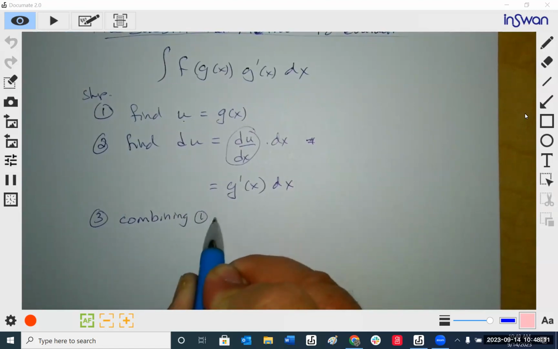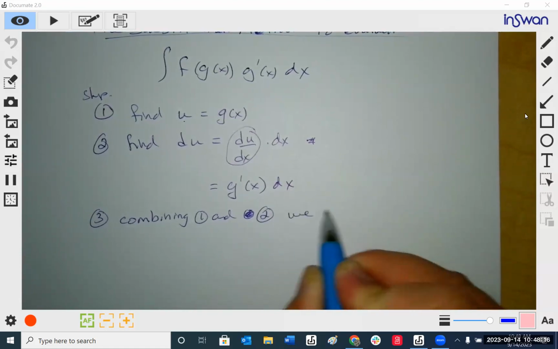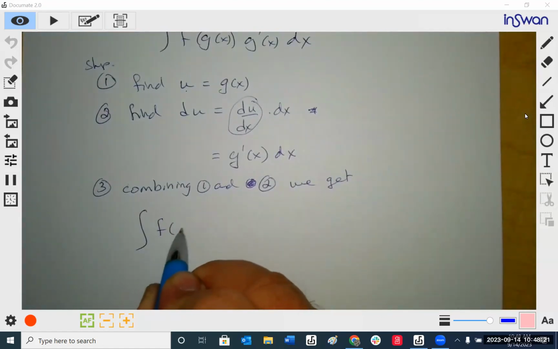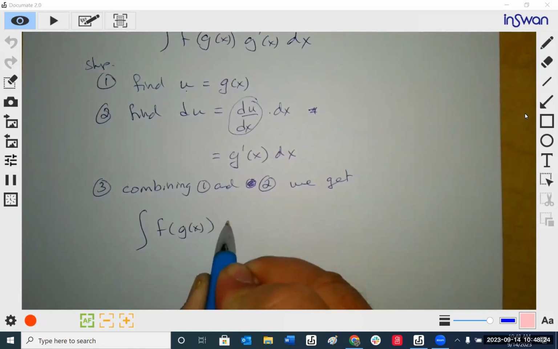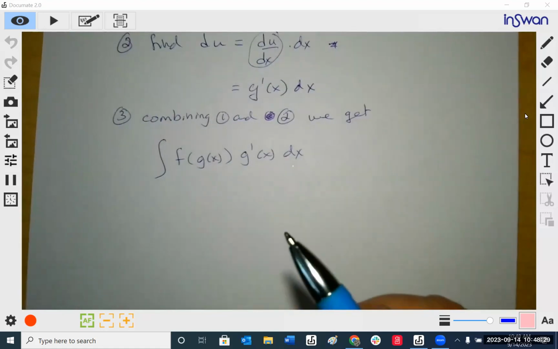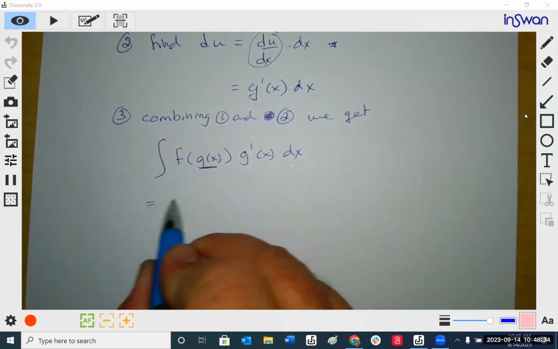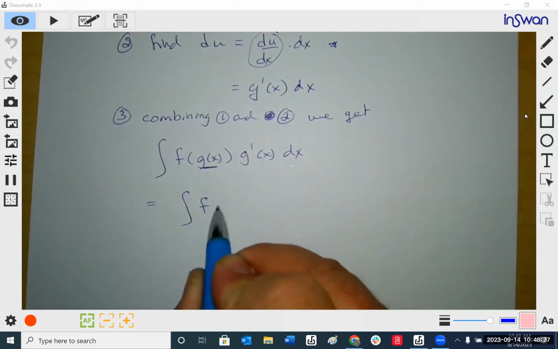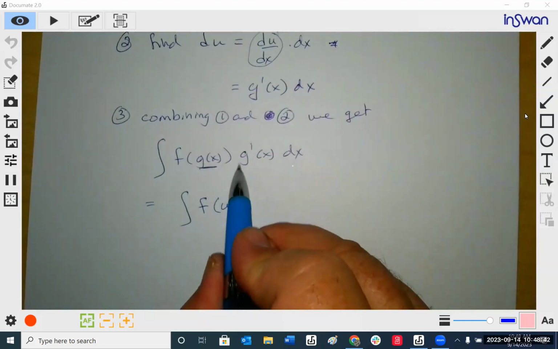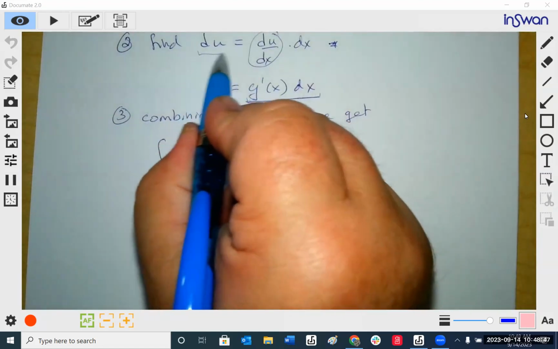Combining steps 1 and 2, we get, so g of x is equal to what? It equals u. G prime of x dx equals du.